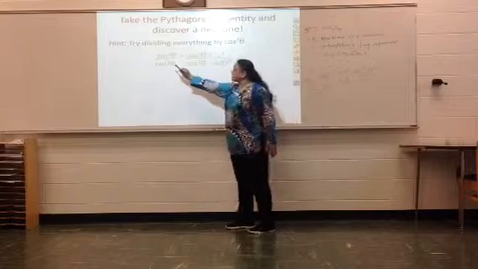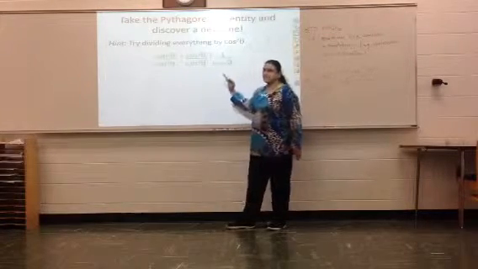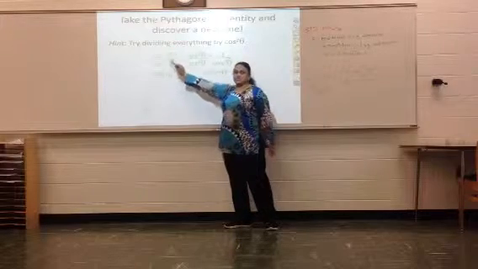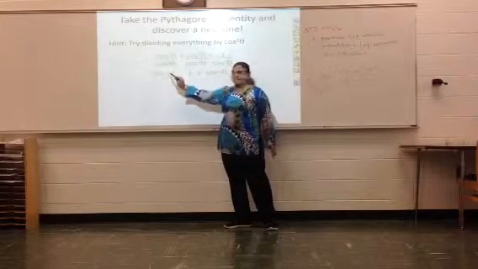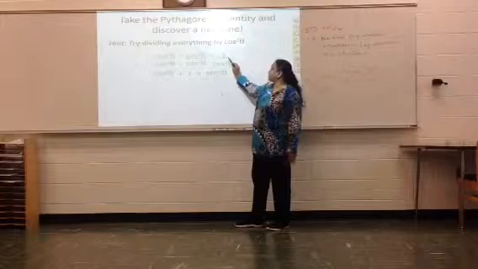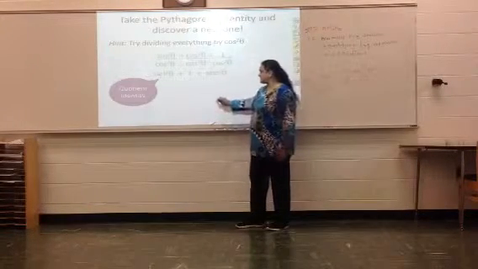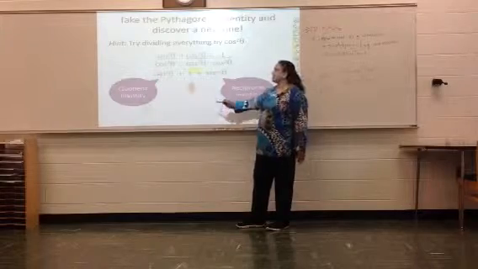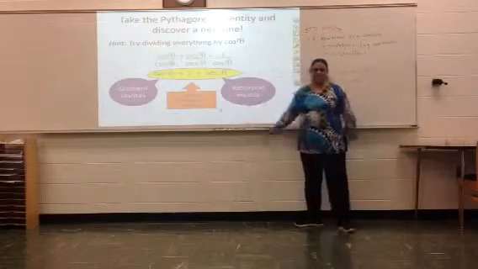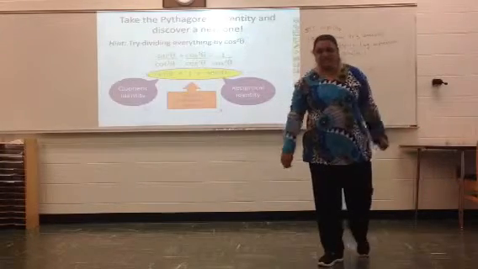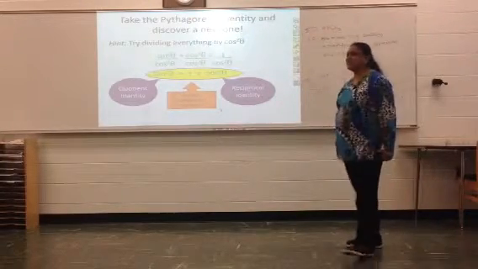Divide the entire thing by cos square theta. What do we get? Sin square over cos square, our quotient, tan square. 1 over cos square, reciprocal, secant square. This is our second Pythagorean identity. You got that? Isn't it so interesting?